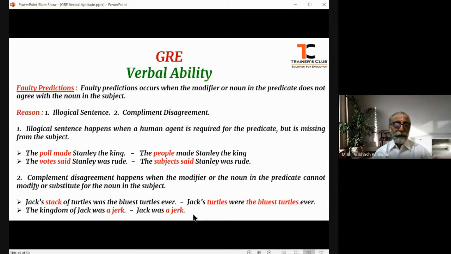Say, for example, Jack's stack of turtles was the bluest turtles ever.